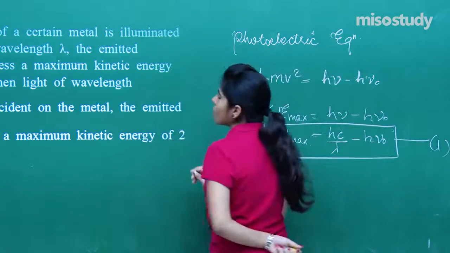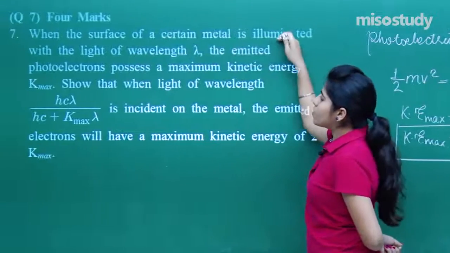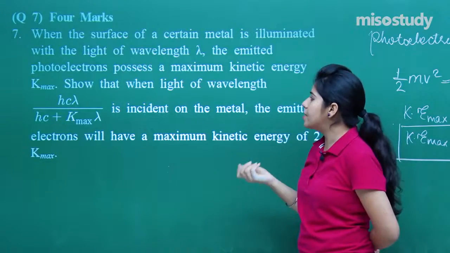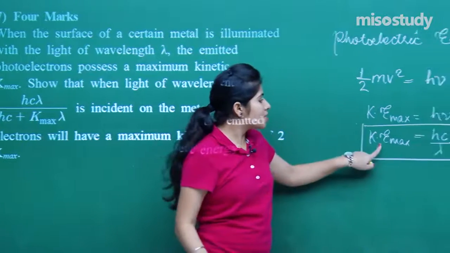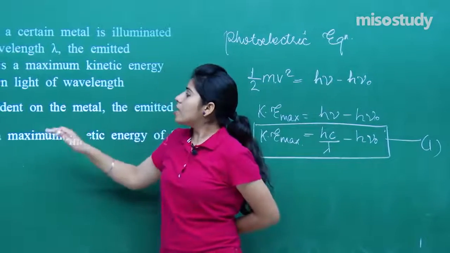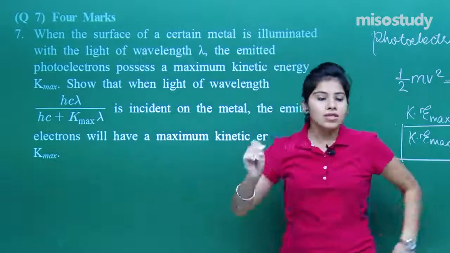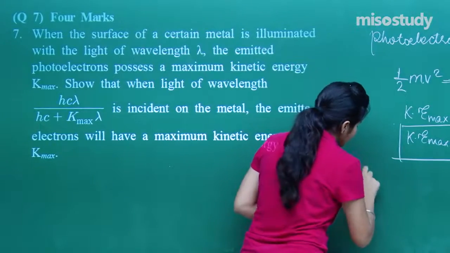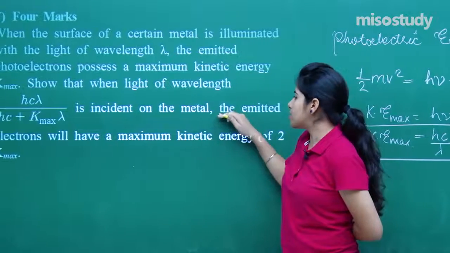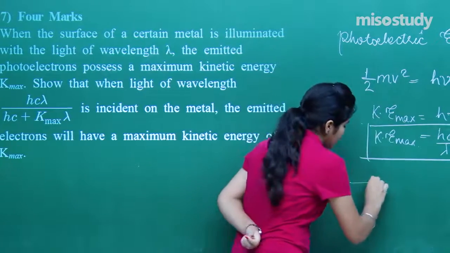Now see what the question is saying. When the surface of a certain metal is illuminated with light of wavelength lambda, the emitted photoelectrons possess a maximum kinetic energy Kmax. So that means Kmax equals hc by lambda minus h nu naught. Show that when light of a different wavelength, consider this wavelength is lambda prime, is incident on the metal, the emitted photoelectrons have a maximum kinetic energy of 2 Kmax.